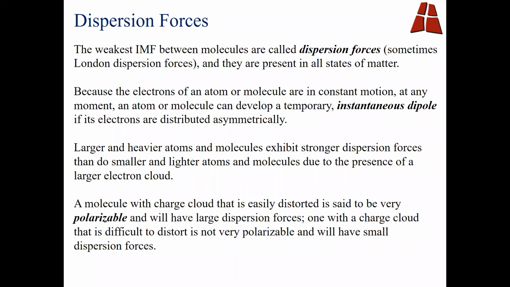In addition to having this instantaneous dipole, we would say that molecules or atoms with large electron clouds are also easily polarizable. That means you can basically move the electrons to one side or another easily, which again leads to stronger dispersion forces.